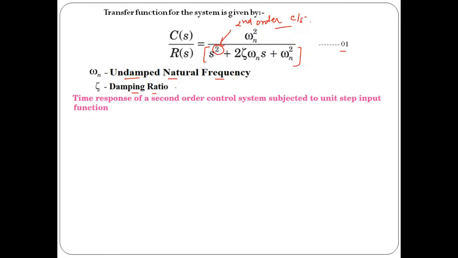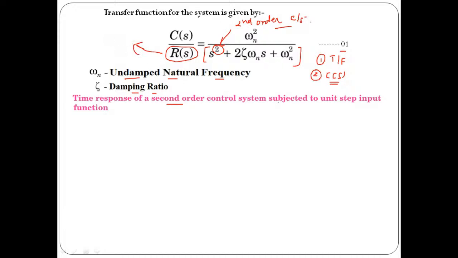Now the time response of second order control system we can identify. The step is, first we need to calculate transfer function, that we have done. Second thing is we need to calculate the value of C(s), but for calculating C(s) we need to consider what type of input we have taken as an excitation. That means we need to take the value of what?